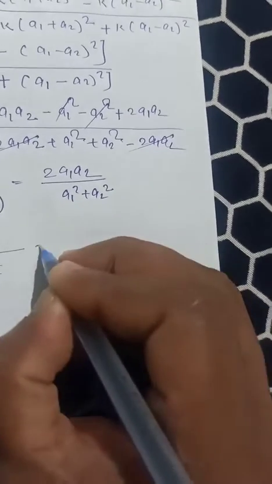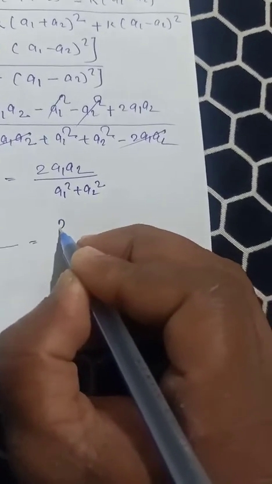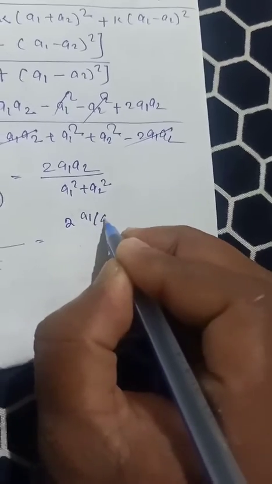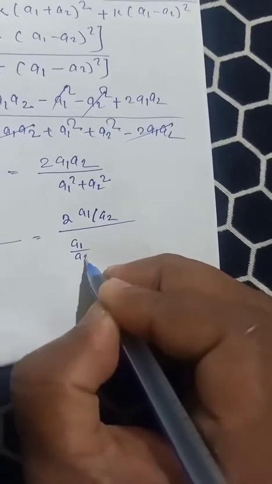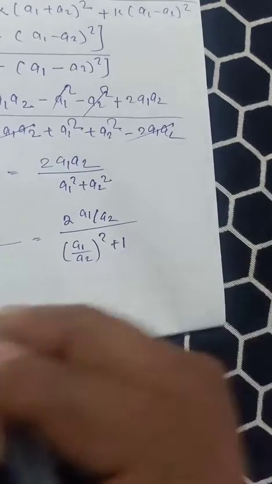That is 2 times A1 by A2 divided by (A1 by A2) whole square plus 1.